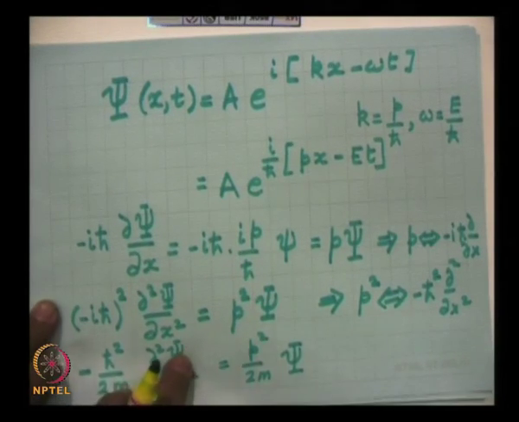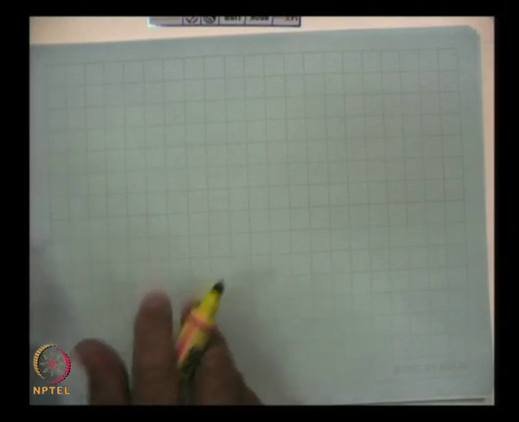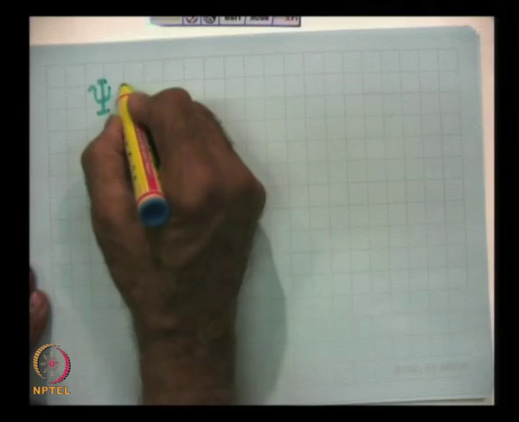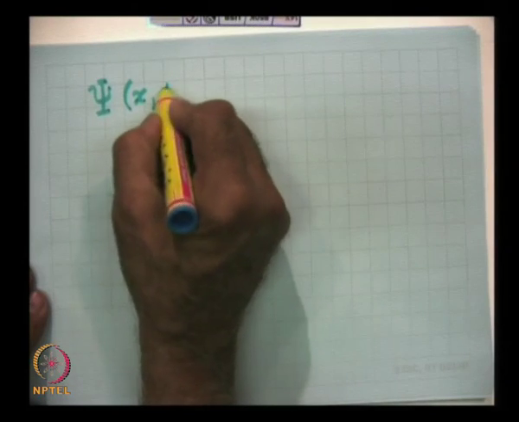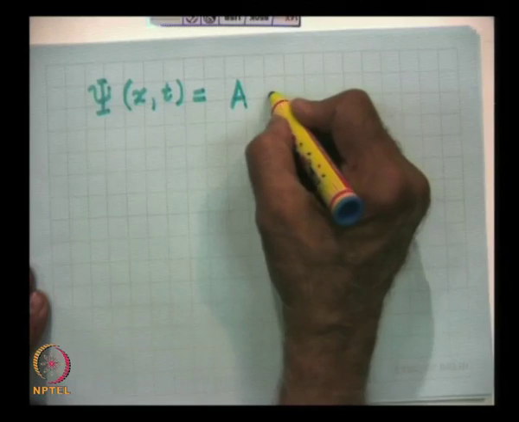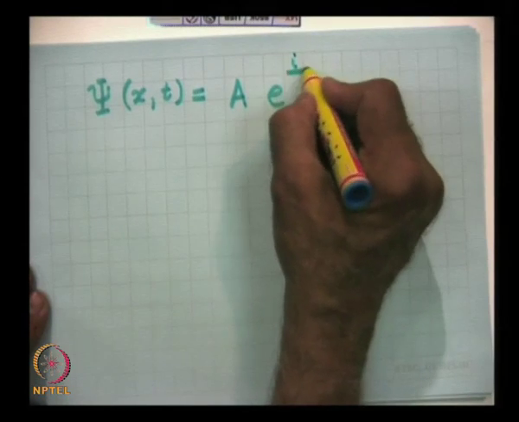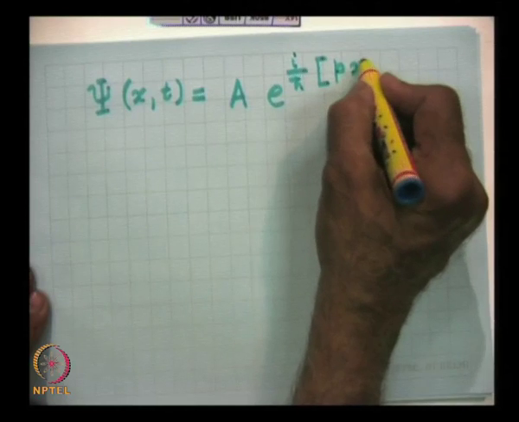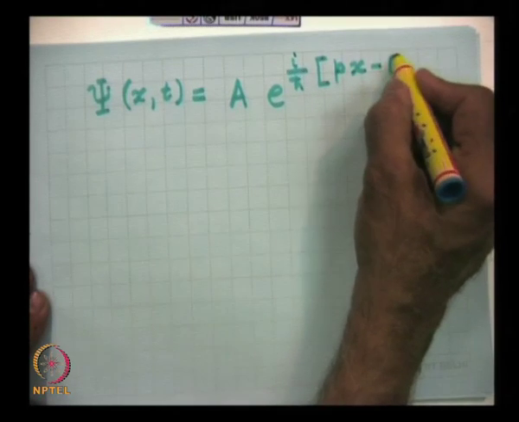Now, let me write down the wave function once again. So, I have ψ of x, t, x comma t, is equal to e to the power of i by h cross (p x minus E t).